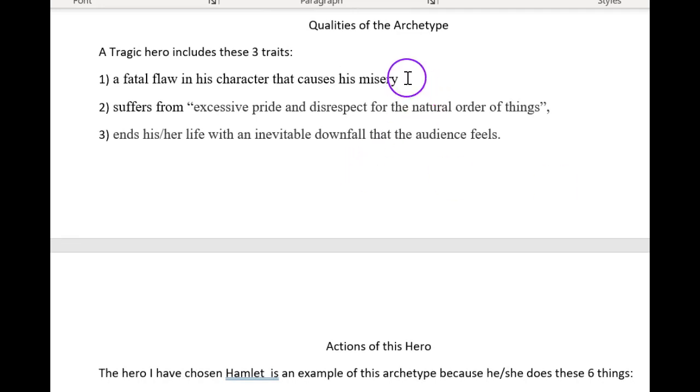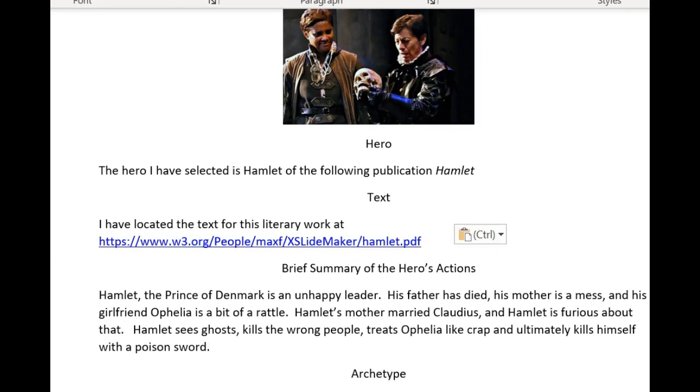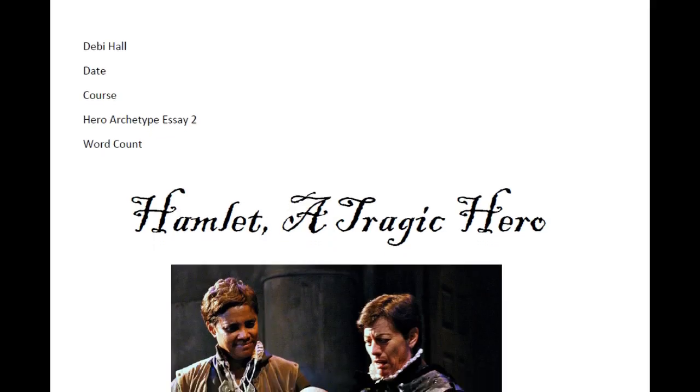I'm looking for these fatal flaws. I'm looking for a synopsis of the hero that I can put into my own words. And then when the process is completed, as you know from that example that I posted in the checklist, this is what the final essay is going to look like.